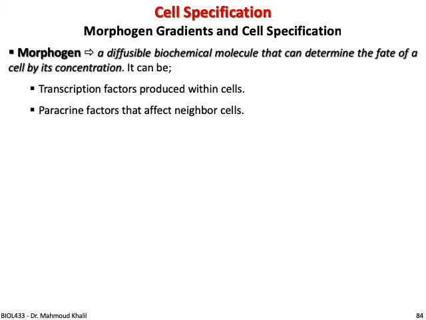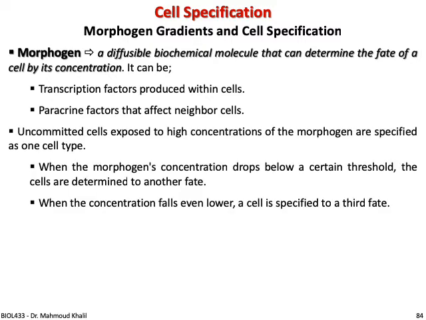Again, morphogen gradients are biochemical molecules that can be transcription factors inherited from the mother's ovum, the egg cytoplasm. These are transcription factors produced within the cells or paracrine factors that affect neighbor cells.